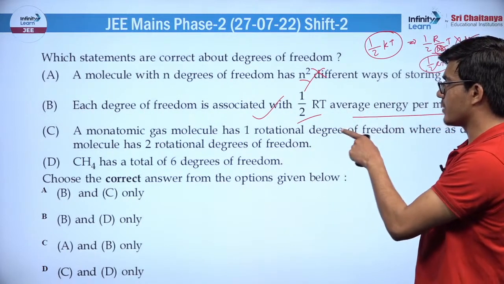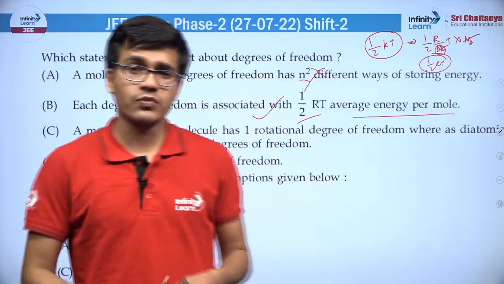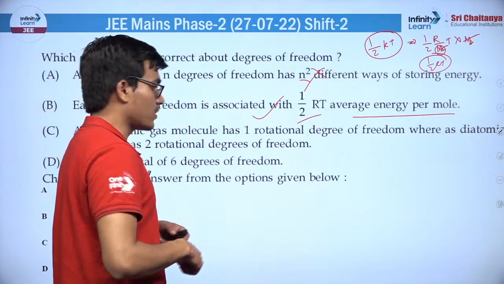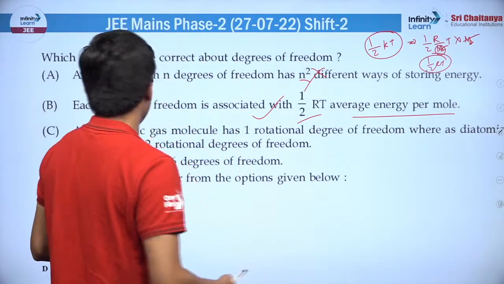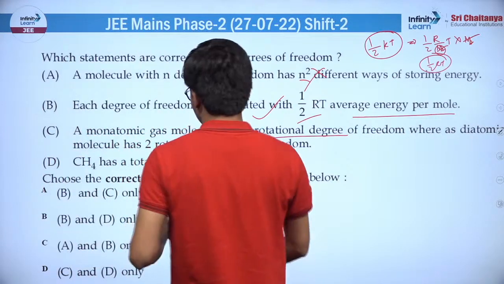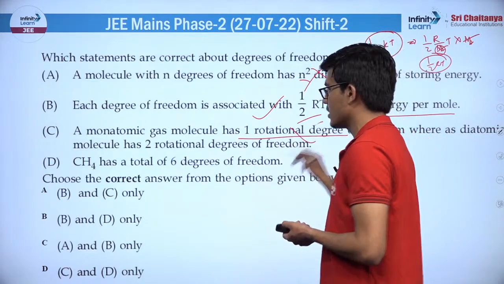The third thing is saying a monoatomic gas molecule has 1 rotational degree of freedom. That is completely wrong. It will have 3 degrees of freedom, 1 each in X, Y and Z, basically translational degrees of freedom, and there will be no rotation for a monoatomic gas. So this one is wrong. The next, about a diatomic molecule, this one is wrong completely.